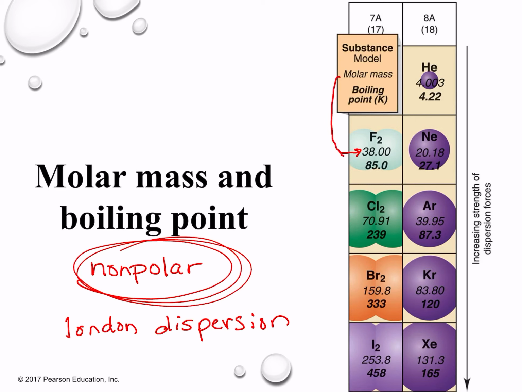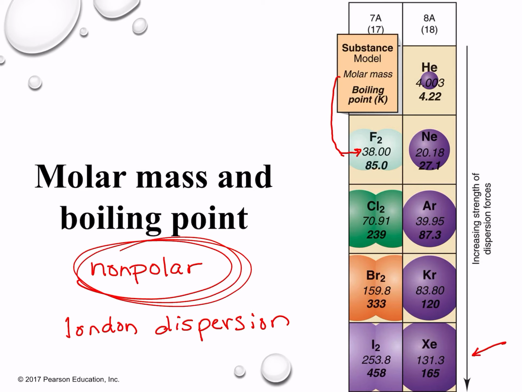Because these molecules down at the bottom have more electrons, not necessarily because they're bigger, but because they have more electrons, they are more polarizable, which means they have a greater ability to shift the electrons one way or another in that molecule.